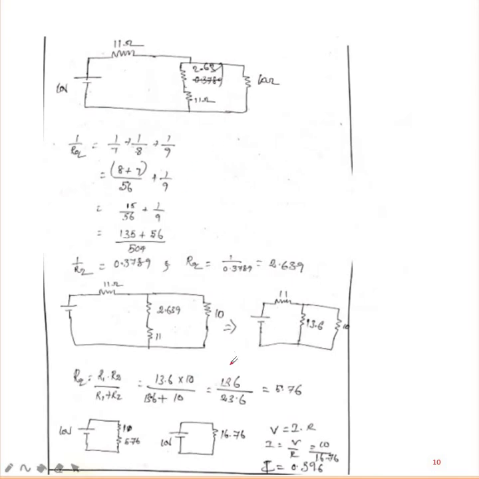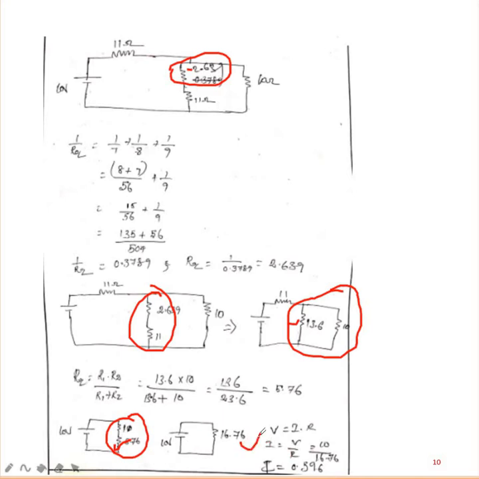I have converted three resistances into a single resistance, then two into a single resistance, and so on until everything is reduced. Now the flow of current is I, and I equals V by R, by Ohm's law.